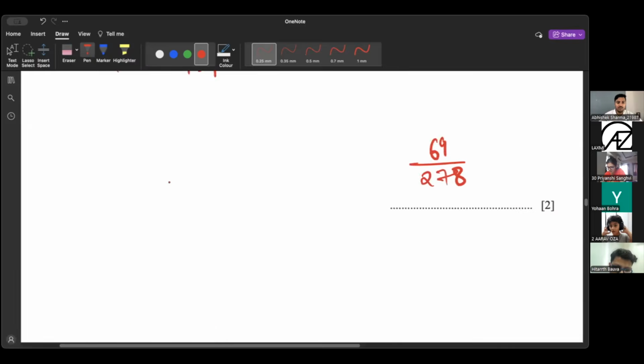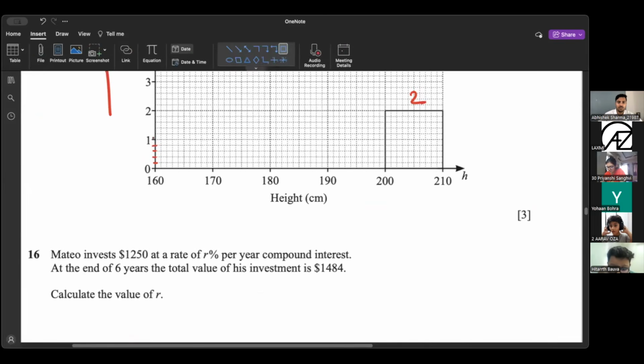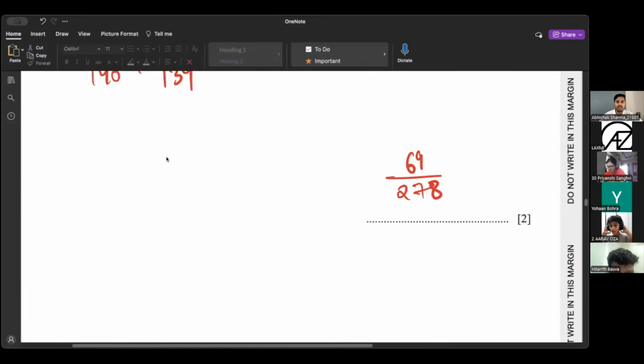So we will simply go to the polygon. 0.35 will definitely be here, between 0.2 and 0.4. Getting it? Yeah. This is 0.35.